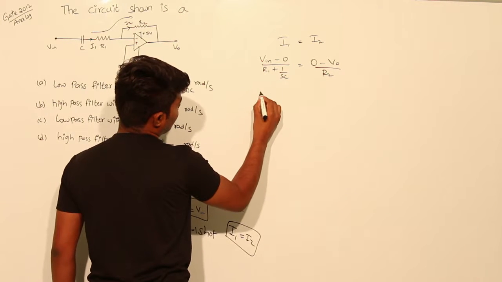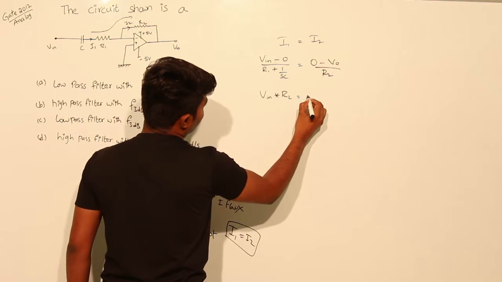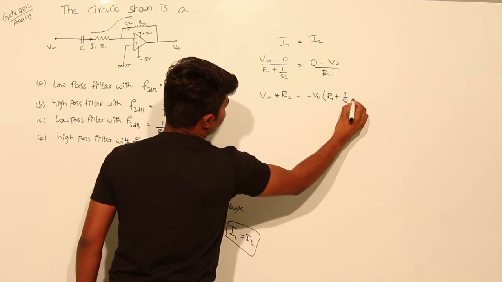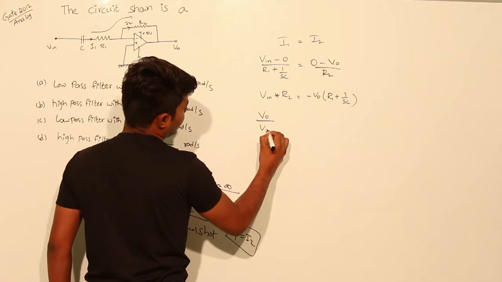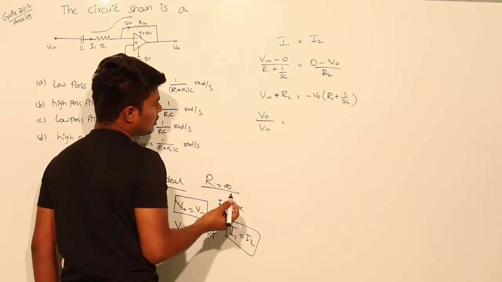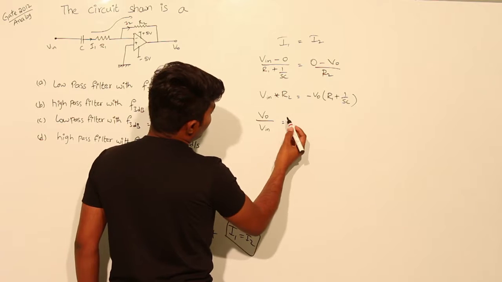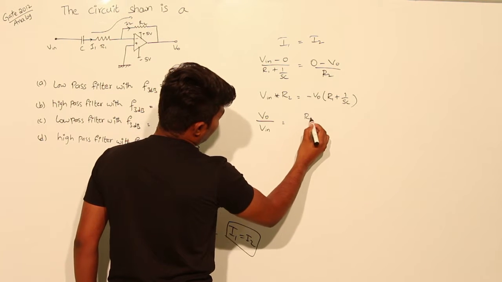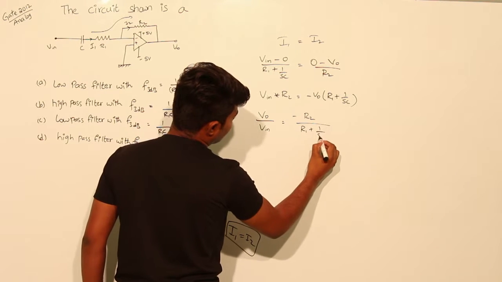Now cross multiply: Vin into R2 equals minus V0 into (R1 plus 1 by SC). Now take V0 by Vin, where V0 and Vout are both the same. V0 by Vin equals R2 by minus (R1 plus 1 by SC).